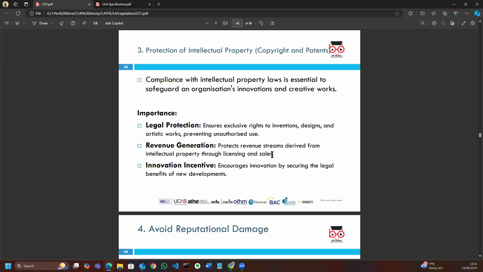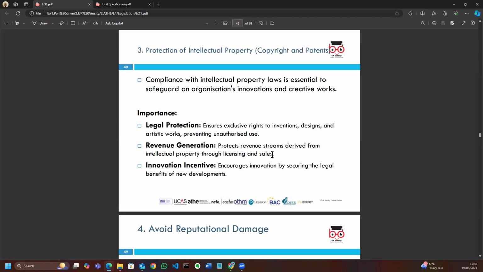Also, we have to be able to protect our intellectual property, which is basically our copyright and patents, where compliance with intellectual property laws is essential to safeguard an organization's innovation and creative works.